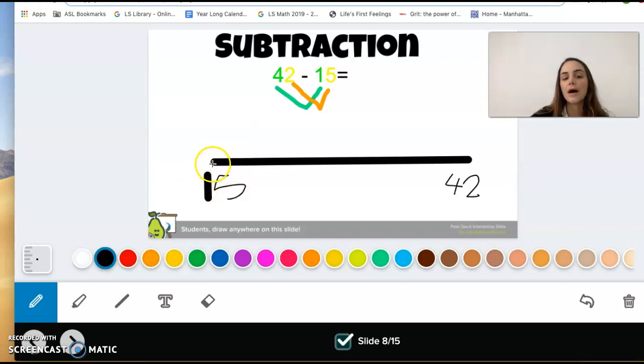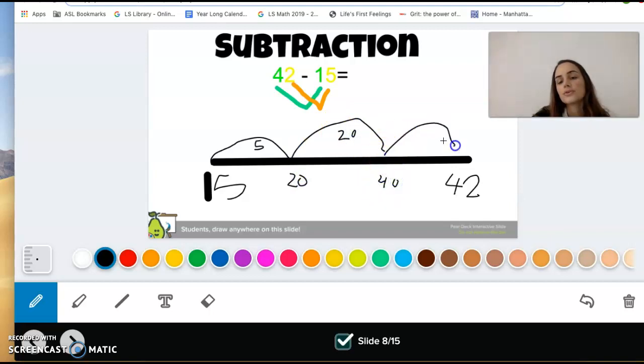So I'm gonna count up from 15 to 42. So plus 5 equals 20, plus 20 equals 40, and then plus 2. Okay, my answer is gonna be the jumps that I made. So I have 5, 20, and 2. 20 plus 5 plus 2 equals 27. So that is my answer, okay?